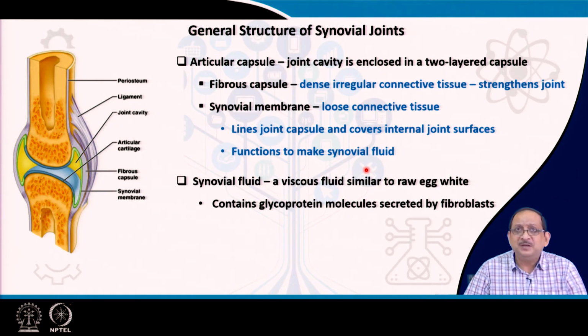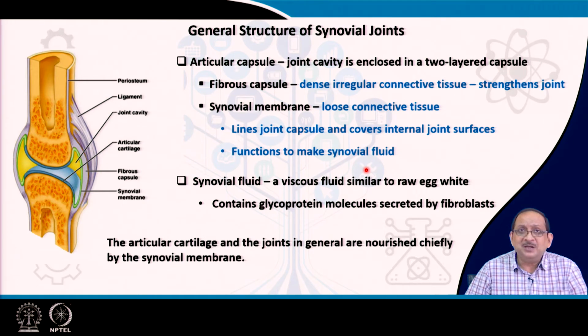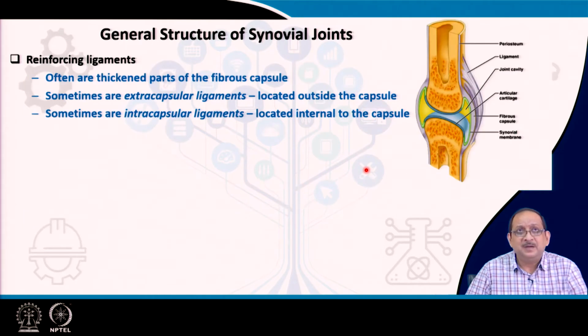The synovial fluid is a viscous fluid quite similar to raw egg white. It contains glycoprotein molecules secreted by fibroblasts. The articular cartilage and the joints in general are nourished chiefly by the synovial membrane. Now, there are reinforcing ligaments to this joint capsule.